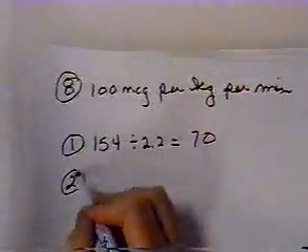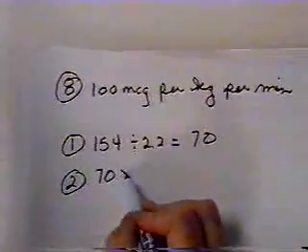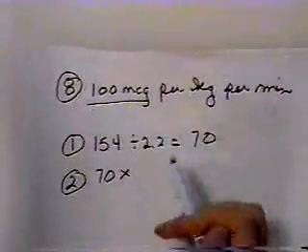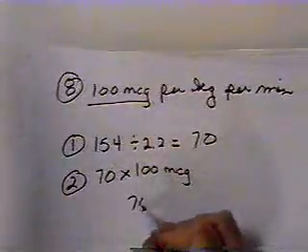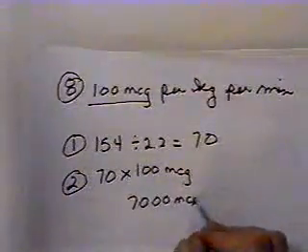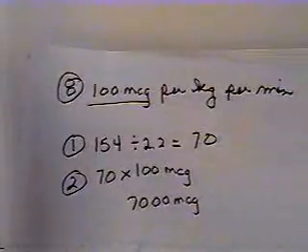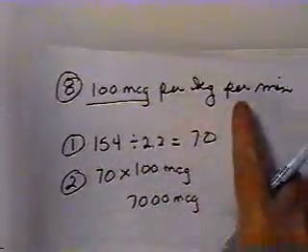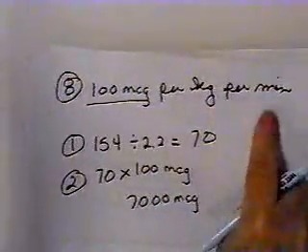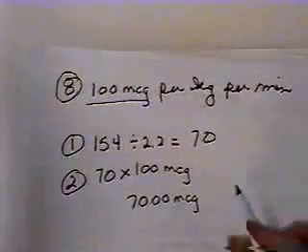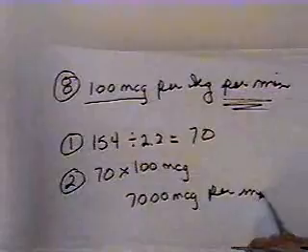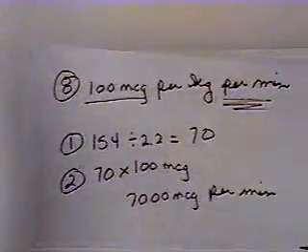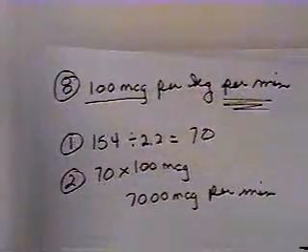And then you take the 70 times how much drug I'm supposed to give. Now, this is not quite like the others, because the others said per day, and we had to divide by the times per day. But this one says per minute. 7,000 micrograms per minute.